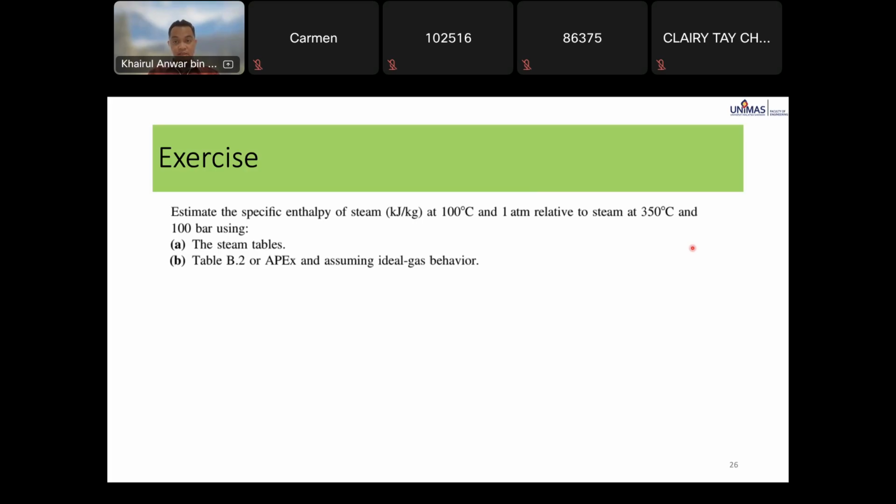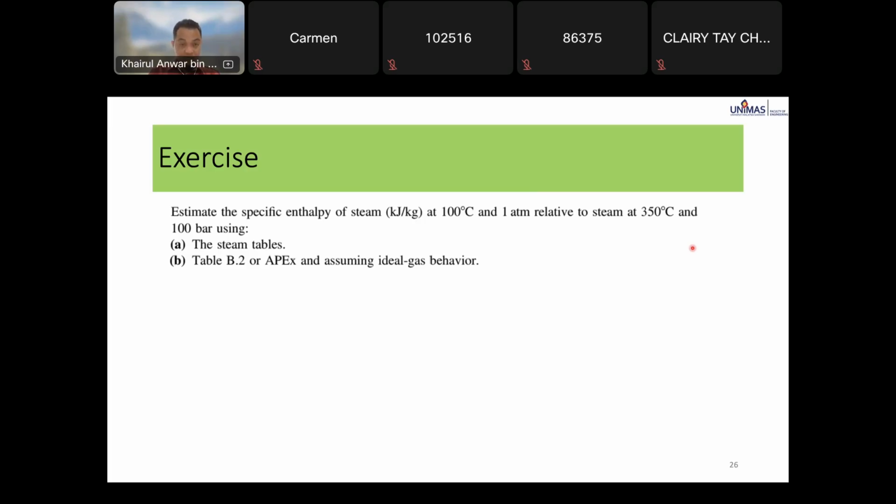Next is 100 bar. Oh, it's easier using table B7.